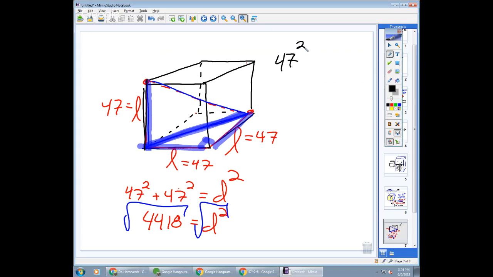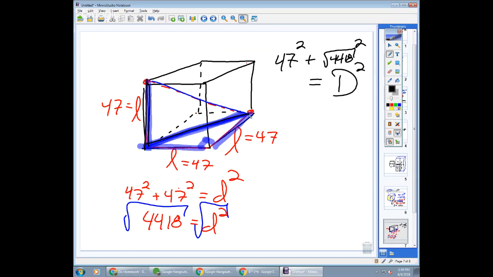So I have to square 47, and then I have to take that number, square root of 4,418, I have to square it, and that's going to be equal to the, I'm going to call it big D squared. So that length squared plus that length squared right there. What happens when you square a square root? Gets rid of it. Yeah.